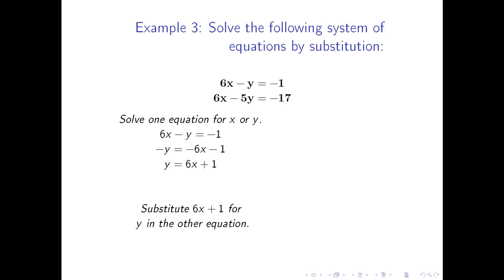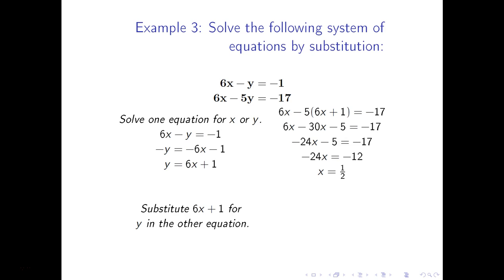Okay, I want you to go ahead and pause the video, substitute, and solve the rest of the system of equations. Well, if you do the substitution, you get this, then we distribute, and be very careful when you're distributing that you got your signs correct.